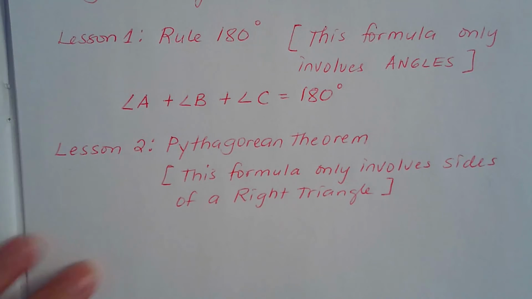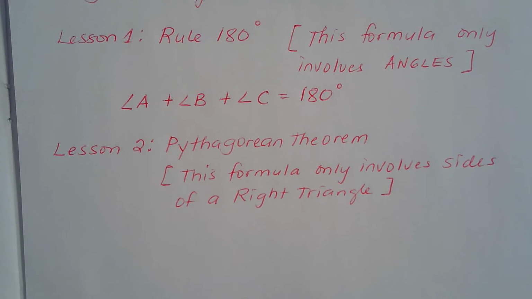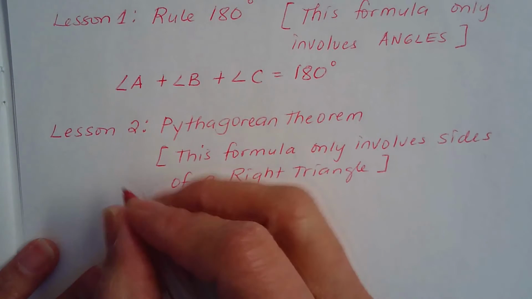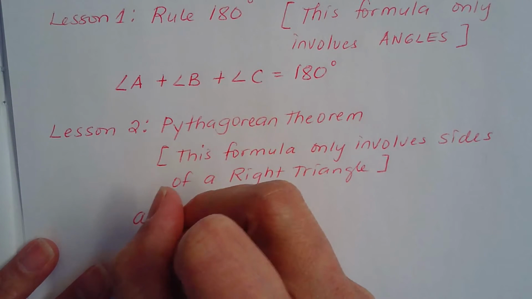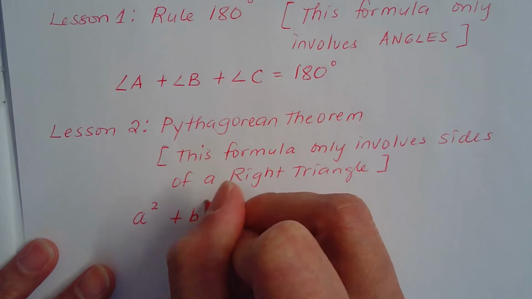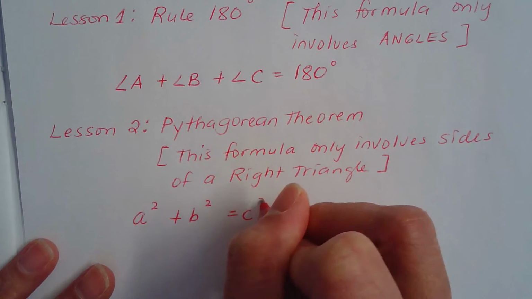Okay, so when we look at the Pythagorean theorem, this formula only involves the sides of a right angle triangle. Let's write down the formula for that one. A squared plus B squared equals C squared.